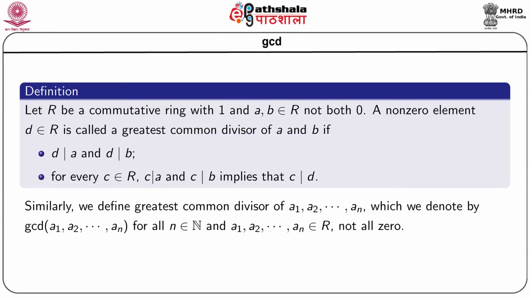So, if a and b are two elements of R, at least one of which is non-zero, then a non-zero element d in R is defined to be a greatest common divisor of a and b if d is a common divisor of a and b, and every common divisor c in R of a and b divides d.